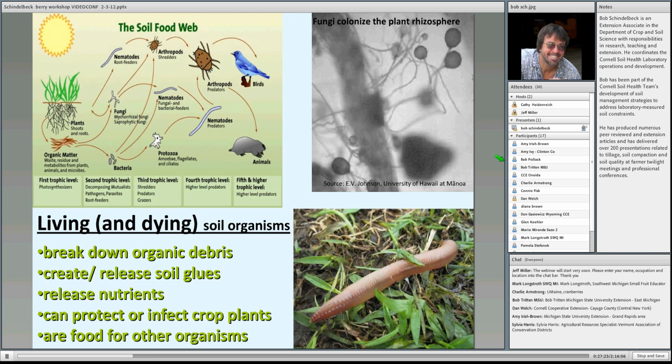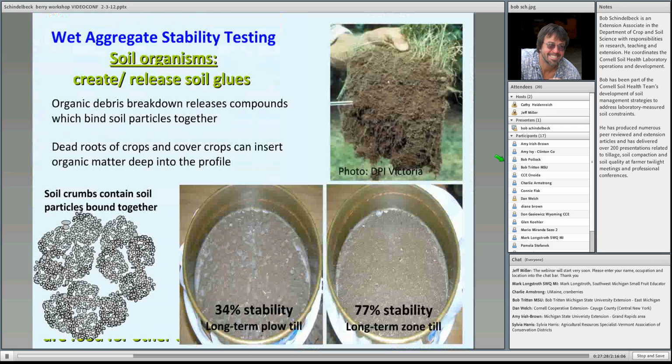As these organisms cycle, they're basically breaking down organic debris and modifying it. Then one by one, I want to step through these other ideas. In this Cornell soil health test, we're going to look at how these organisms create and release glues and try to measure that and quantify it.